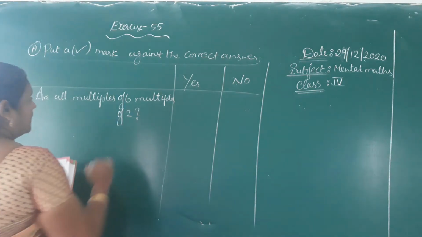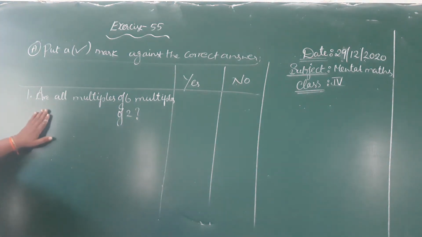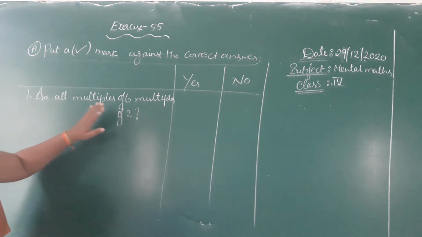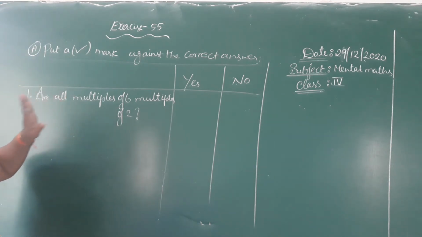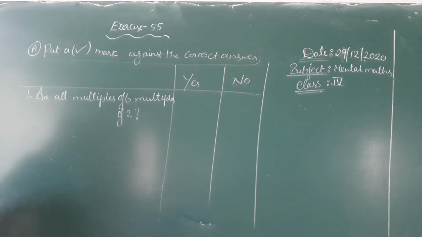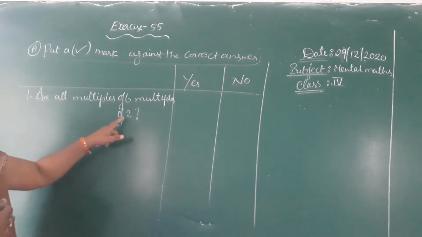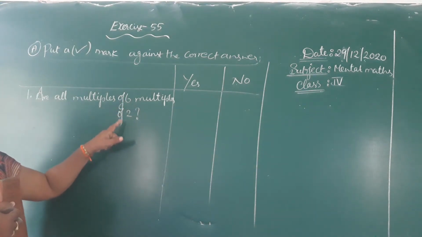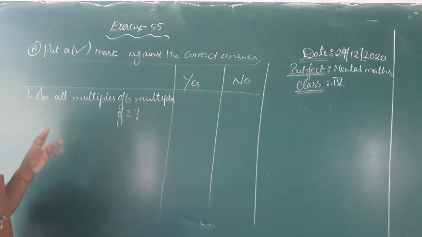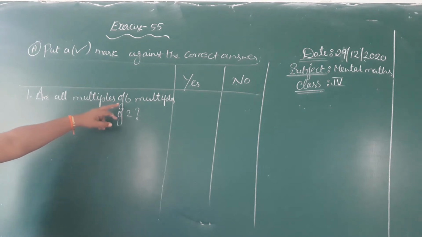That means the question they are asking us is, if some numbers are multiples of 6, are they also multiples of 2? Is the statement true or false? That means here 2 is a factor of 6. So, if the number is a multiple of 6, then it is also a multiple of 2.